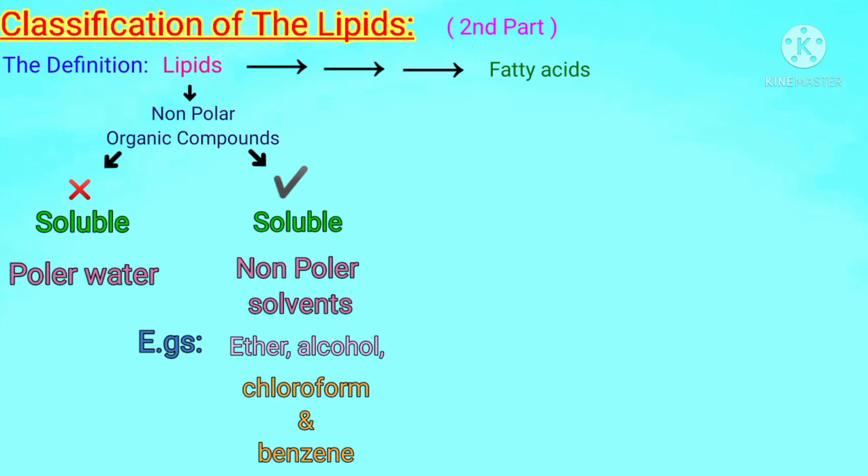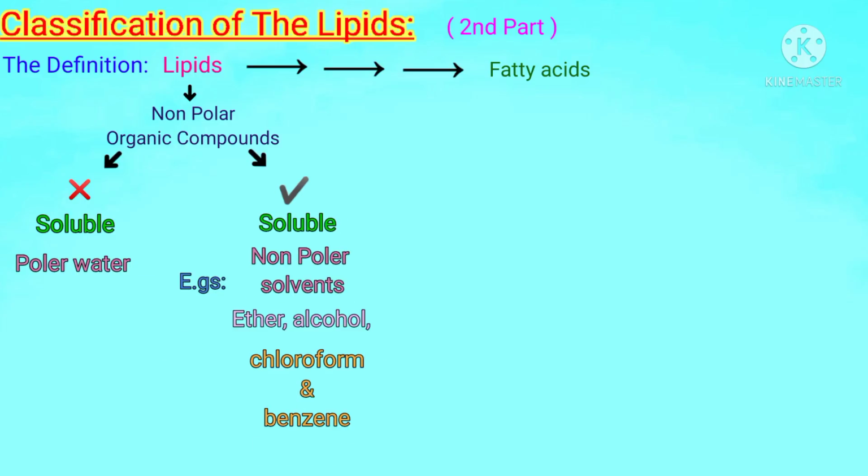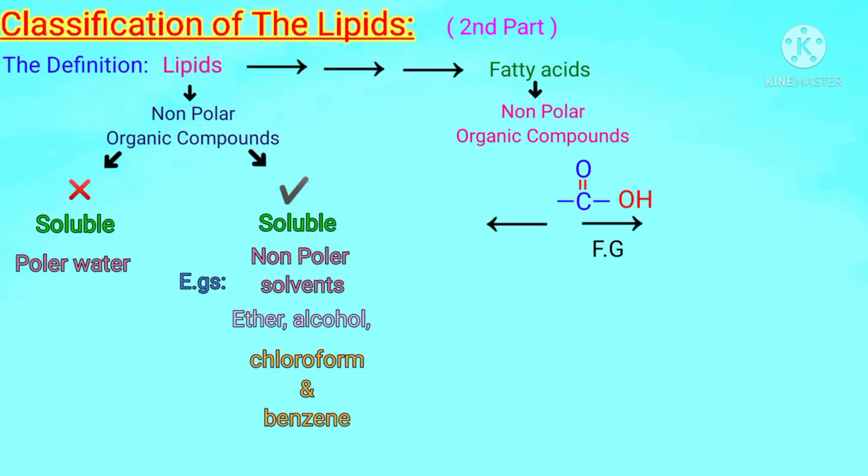Students, what are fatty acids? Let's see. Dear students, fatty acids are organic compounds which have a specific functional group, that is C double bond O OH, a carboxylic group, at one side, and at the other side fatty acids have a side chain.